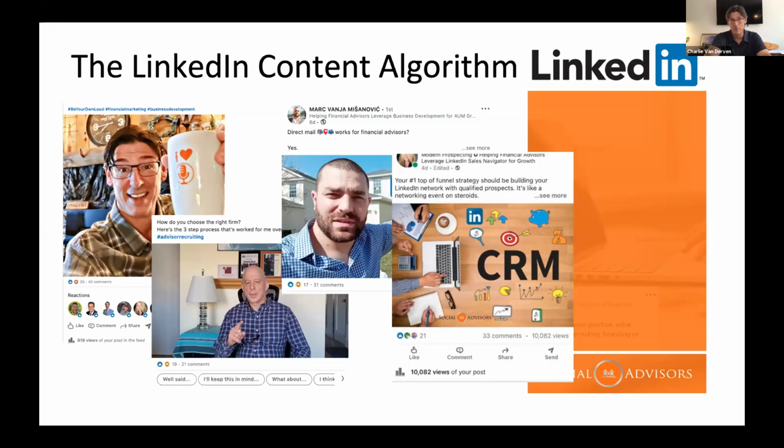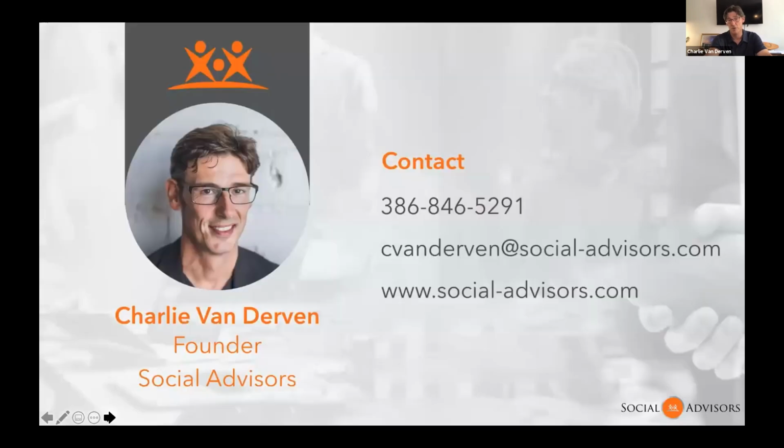But that's the type of results we're talking about, right? The only reason that got so much exposure and interaction is because Lori put it through Post Party and LinkedIn gave it a great score and put it in front of a huge audience, the majority of which is within her network.